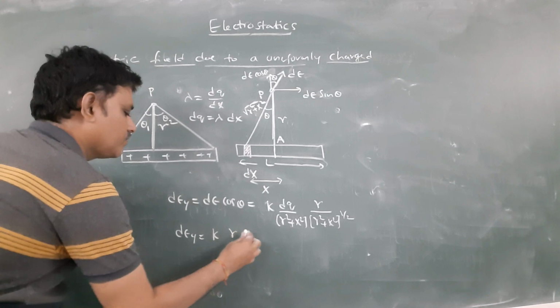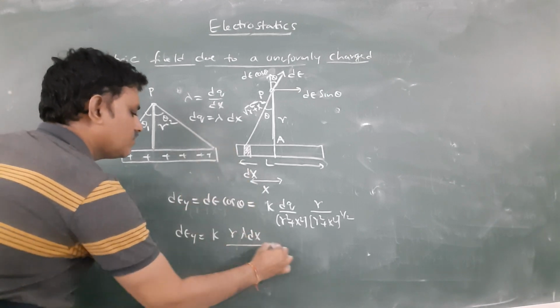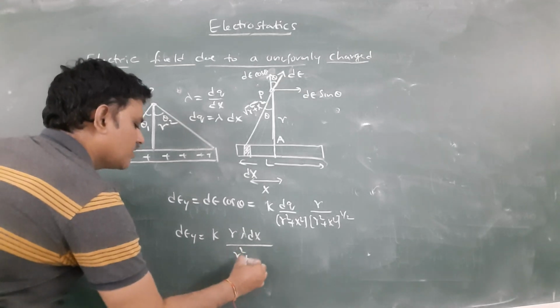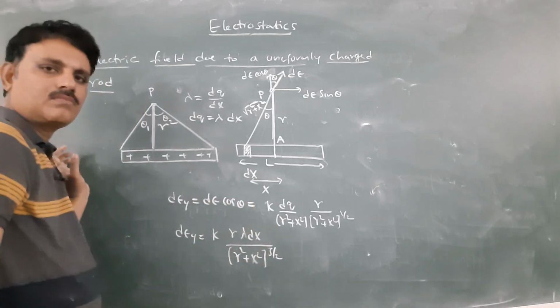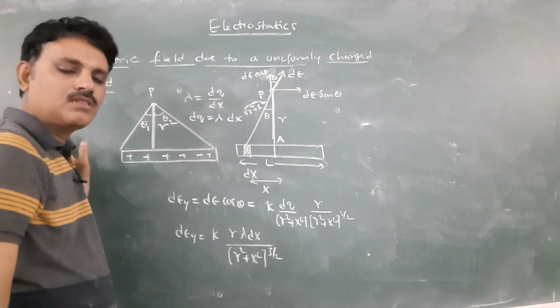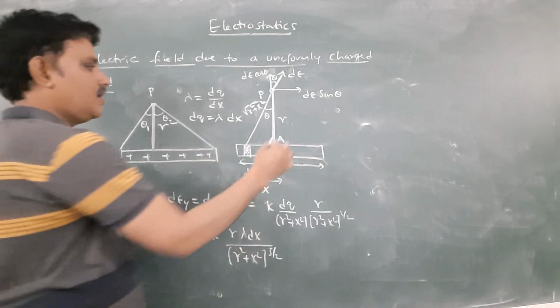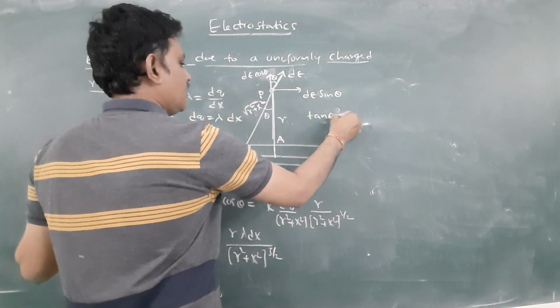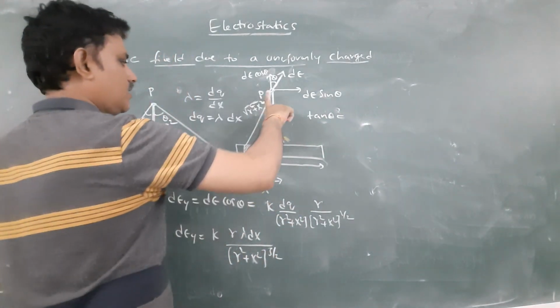So dEy is equal to k into r into dq, which means lambda dx, by r square plus x square whole power 3 by 2. Okay. Then we substitute the value of x here. From the triangle, tan theta is equal to opposite side by adjacent side.